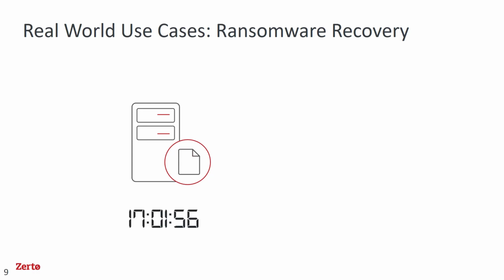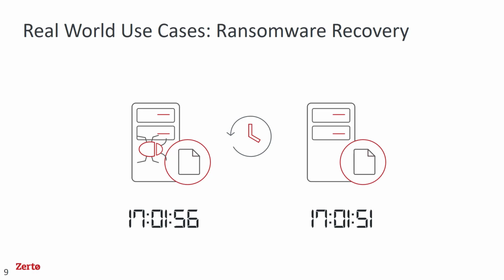But then at 1 minute past 5, ransomware creeps into the server and starts encrypting all those files. Now, because you have that continuous block level replication, you are continuously protecting this VM using Zerto, and you have the journal, you can actually simply rewind the server to how it was 5 seconds before the ransomware hit you and resume business as usual.